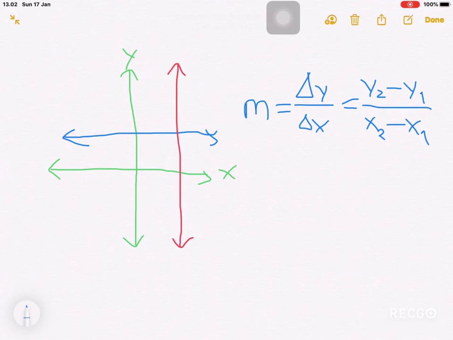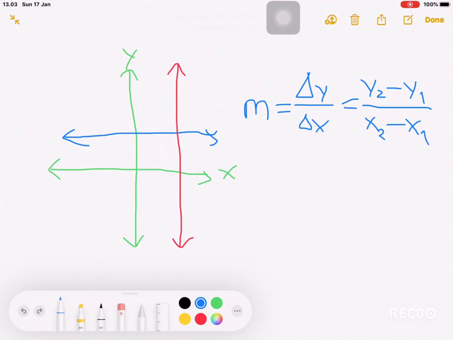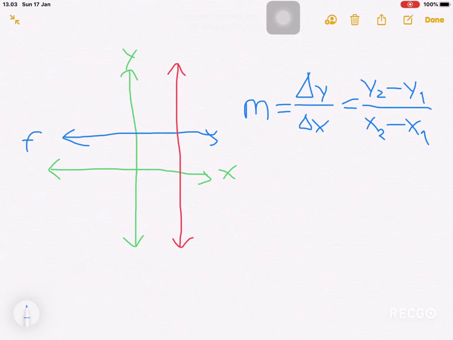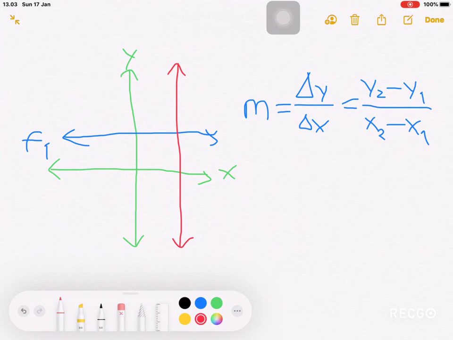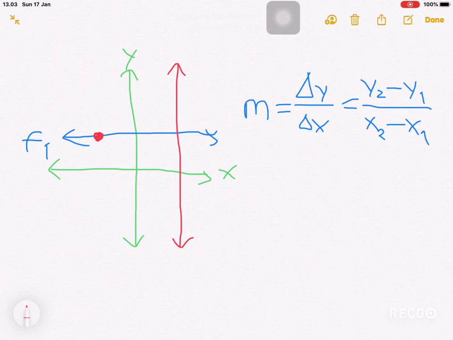Okay, so first we're going to find the slope for our horizontal line right here. I'll just call this f1. First we need to take two points on the line. Let's say the points right here, and I'll call them point A and point B. Since this is a horizontal line, the y coordinates must be the same.